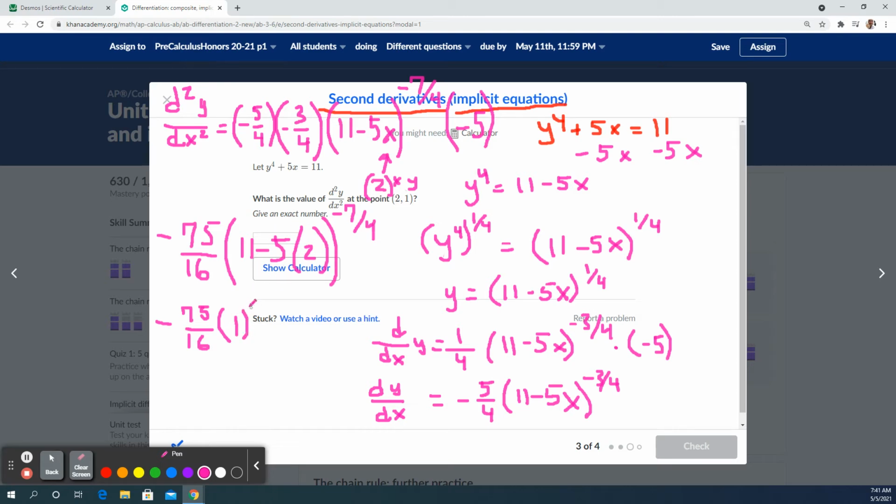I was worried about this one right here, negative 7/4. That flips it to the bottom. The fourth root of 1 is 1, and the 7th power of 1 is 1. All that turns into 1, and negative 75 over 16 is all we have left. Yay.